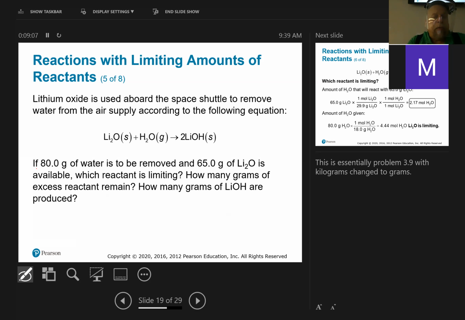Moles, yes. Start with this, go to moles. So essentially you start with 80 grams of water, and then you have 18 grams of water is 1 mole of water.